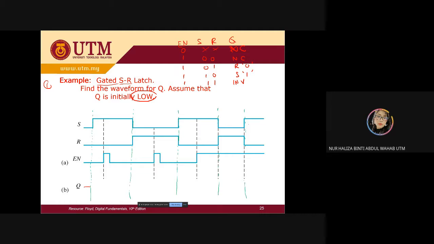I need to consider all, okay? Step by step. Now, my R, everything is dotted already. And my EN. This is considered as input, okay? So I need to draw the dotted line here.